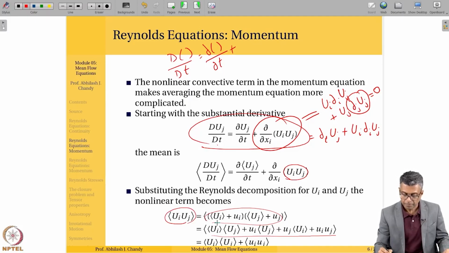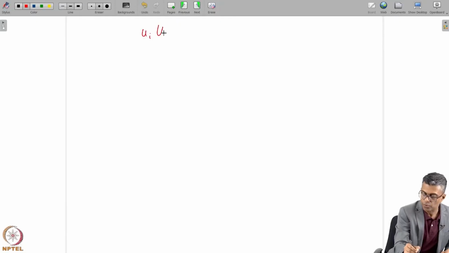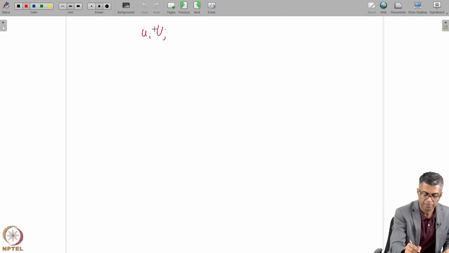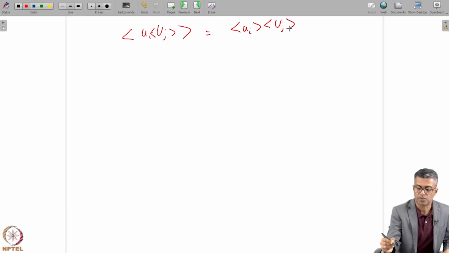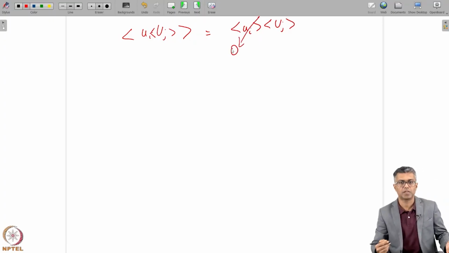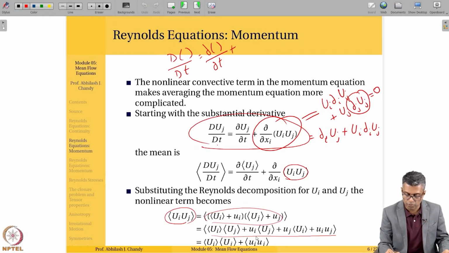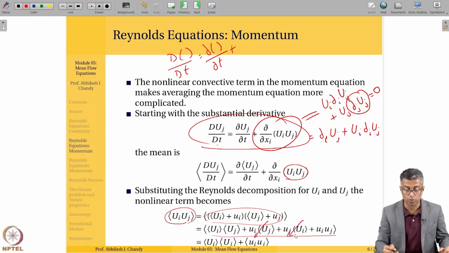Then what happens? Just so that we are clear, if I have ui uj like we had previously and I take the mean of that, what I end up getting is ui mean, uj mean. The mean of the fluctuating component is 0, isn't it? So those two terms go to 0 when you take an average.